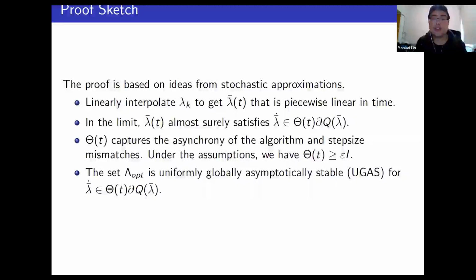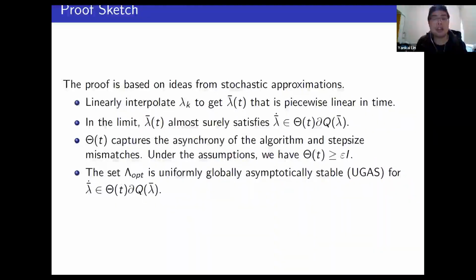If they're different, then when we interpolate the discrete time decision variables lambda k, we use the biggest step size currently used in the update as the time.